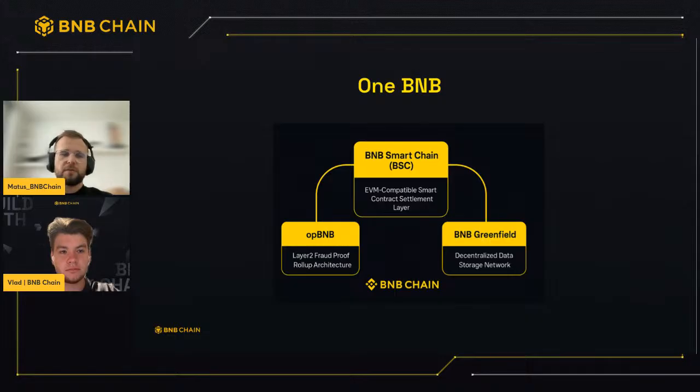The main chain, the most famous one, is BSC or BNB Smart Chain, an EVM compatible L1. Then we also have opBNB, a layer 2 that is also fully EVM compatible. And we have BNB Greenfield, a decentralized storage network that's also available to you. All these networks use only one token, and that's BNB. And everything here is available for you to build on.